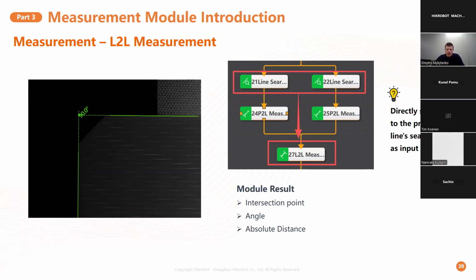The intersection point may again lie outside the image area and its coordinates can be negative in some cases. If the lines do not intersect, the intersection point coordinates are set to 0, and the reported angle is either 0 or 180 degrees, depending on start and end points of line segments.